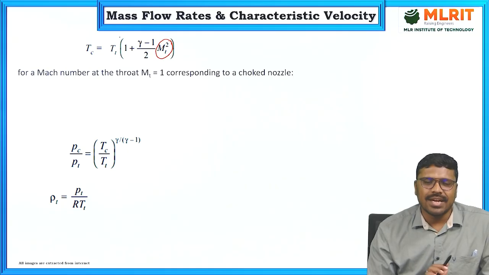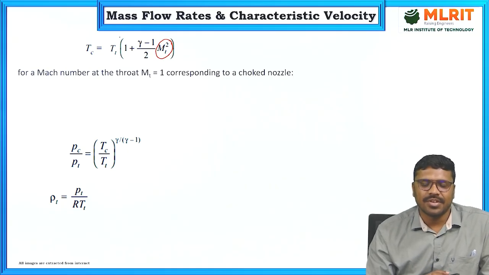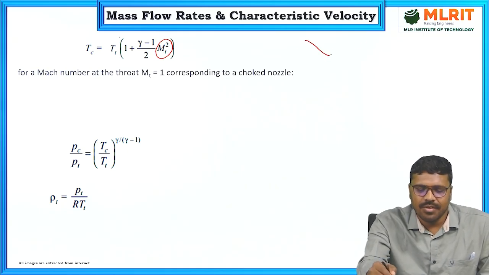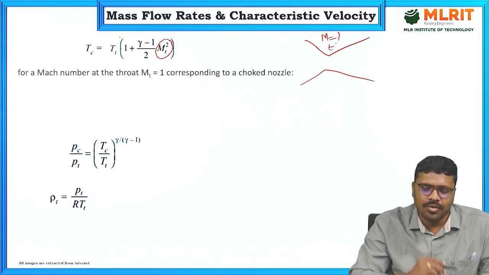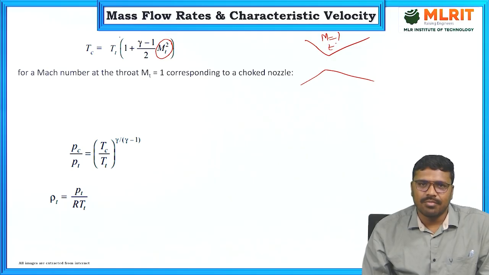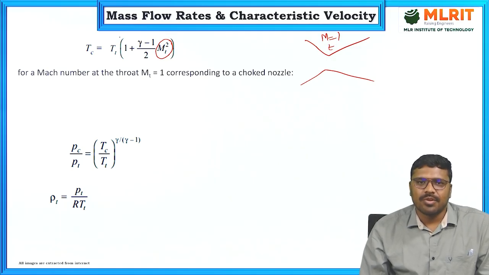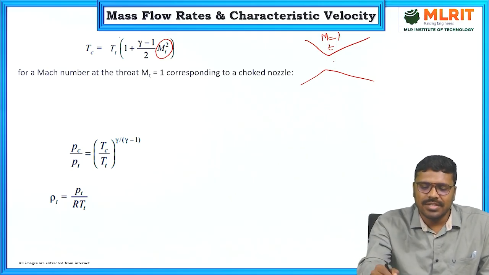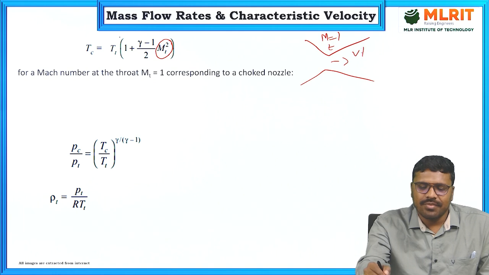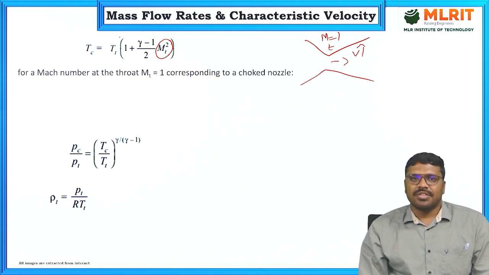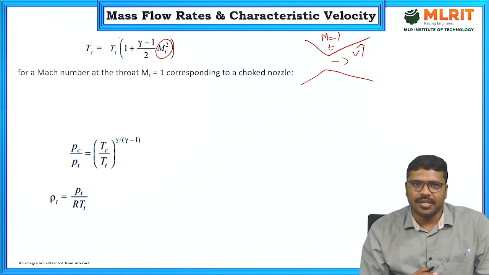There is a throat condition for a convergent divergent nozzle. Everybody knows that the Mach number at the throat should always be equal to 1. Then only the gases will be further accelerated, and the velocity will increase in the divergent portion. Otherwise, the velocity will decrease.